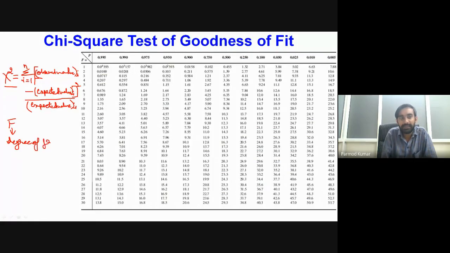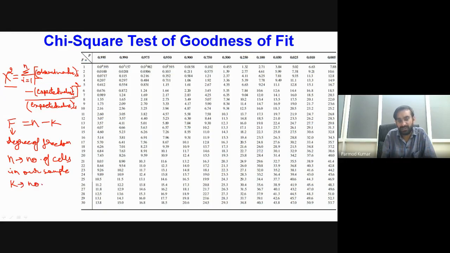It is equal to small n minus k, where small n represents the number of cells in our sample, and k represents the number of constraints on our sample.